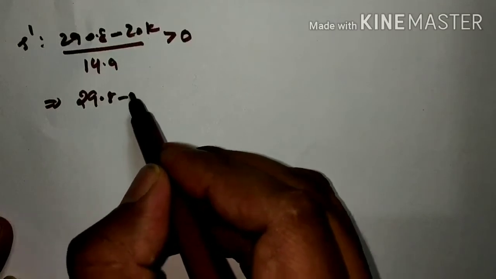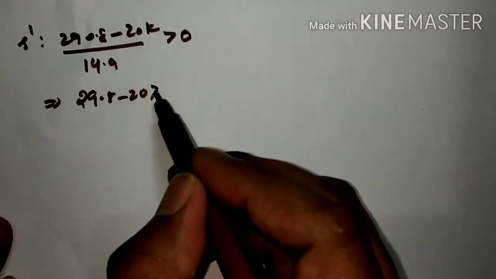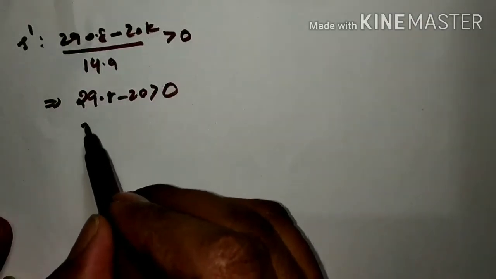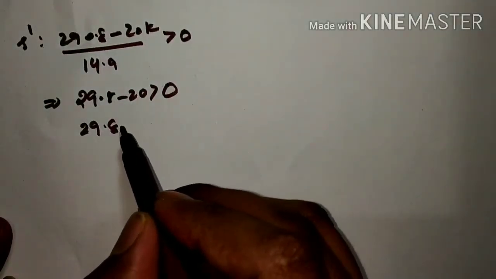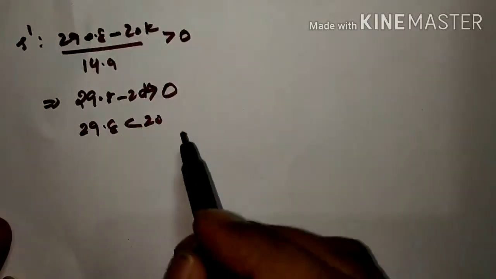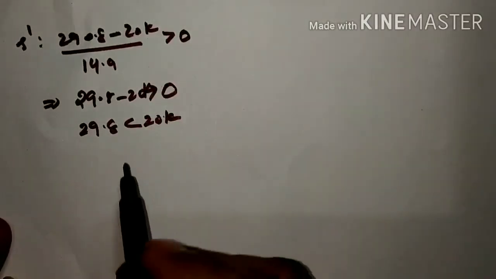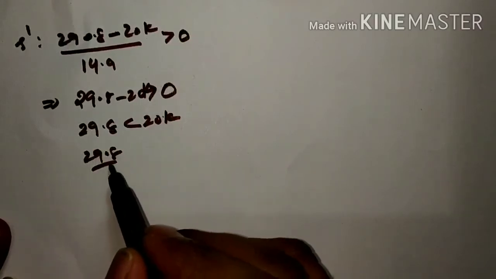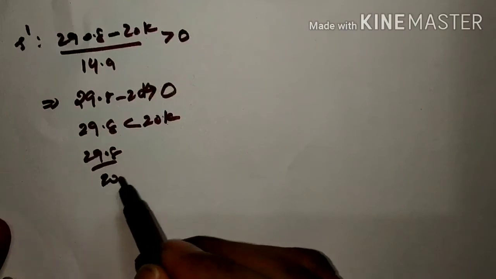When you cross multiply, 14.9 into 0 becomes 0. So 29.8, when you take that side, becomes 20k. So 29.8 divided by 20.